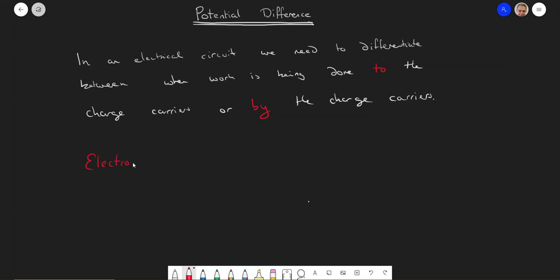Electromotive force, otherwise known as EMF, is the term used to describe when work is done on a charge carrier.